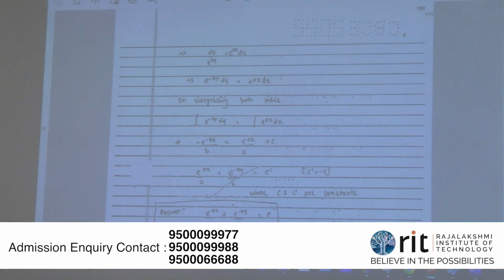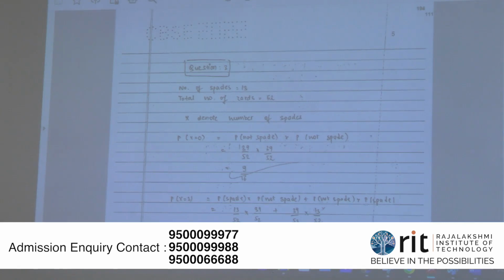So do write which type of differential equation it is, whether it is a homogeneous function, a linear differential equation, or a variable separable type, and what formula you have used to solve that question. And always, be it the answer of a 4 marker, 5 marker, or 2 marker, write the answer in the box with appropriate reasoning given there.